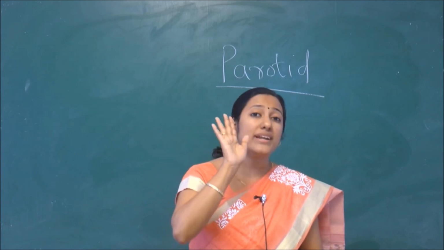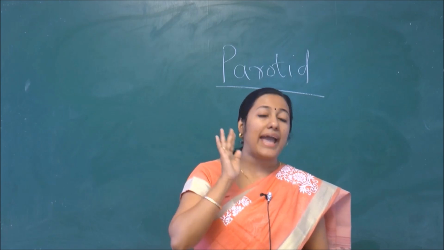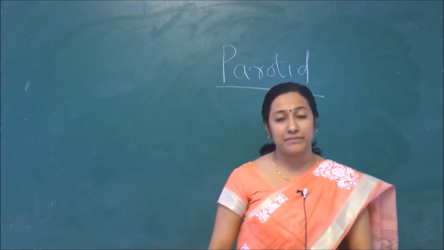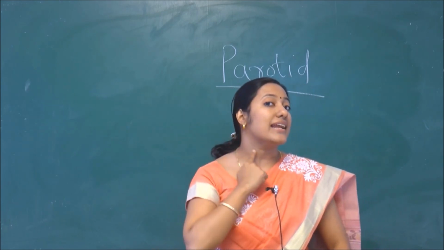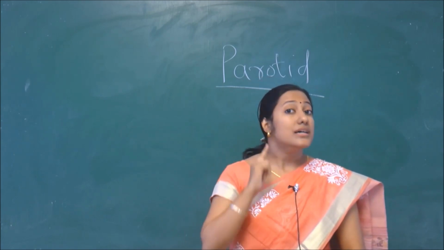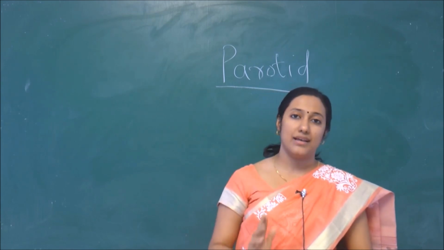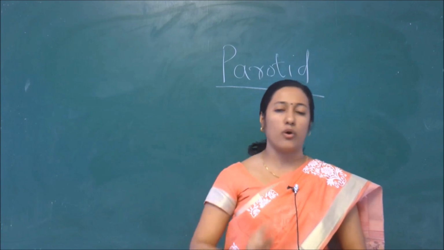So the posterior boundary is mainly formed by the mastoid, the styloid and the structures related to them. The muscle which is related to the mastoid, the sternocleidomastoid, and the muscle which is related to the styloid, the stylohyoid muscle. So this forms the posterior boundary.